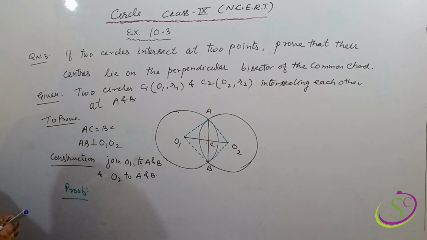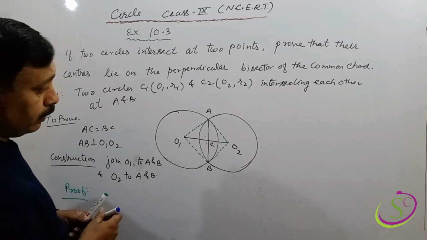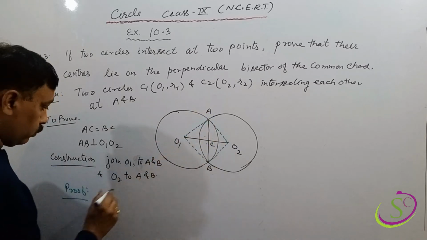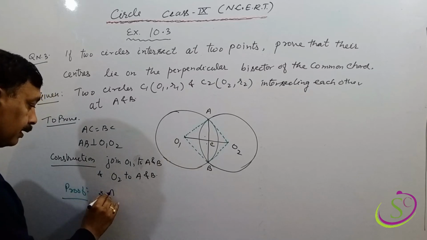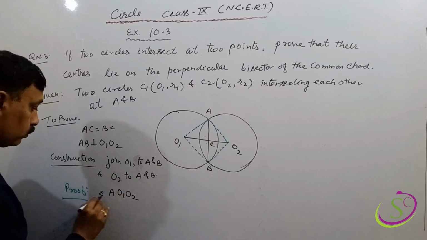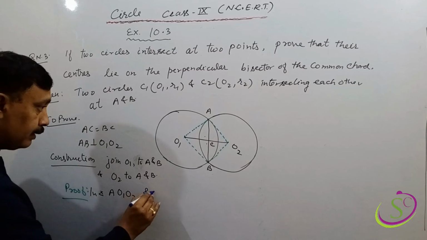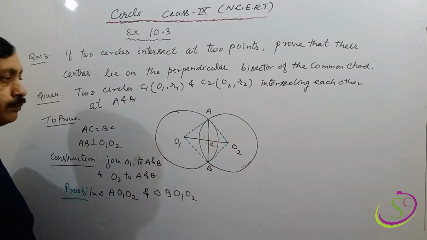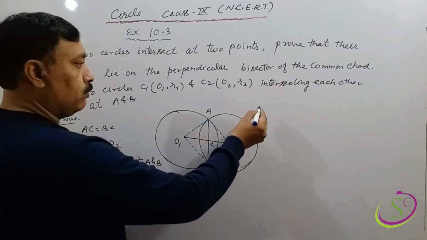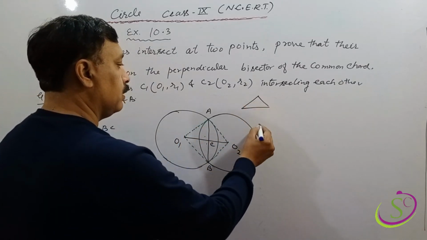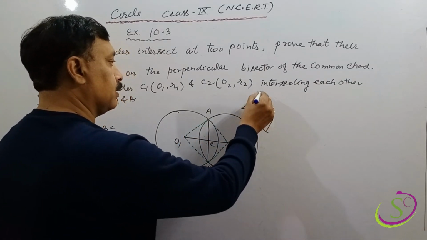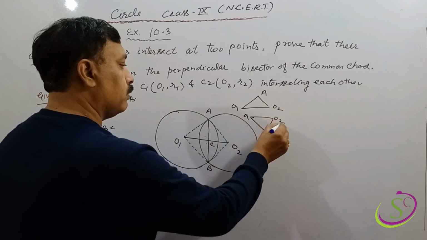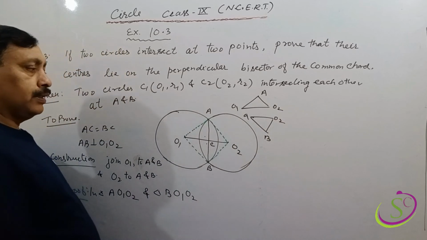Here two triangles, one is triangle AO1 O2 and the other is triangle BO1 O2. Let me draw them separately: one is this and one is this. This is A, O1, O2 and this is B. Clear?